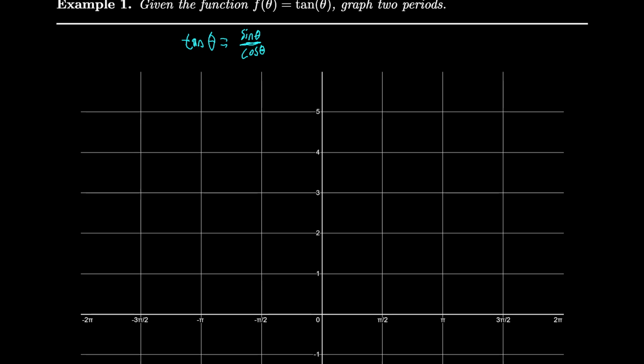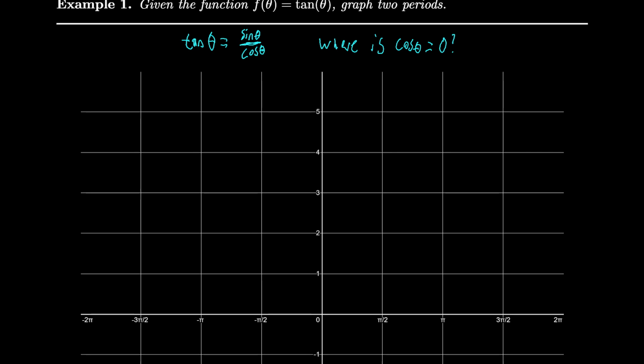We learned that this thing is only undefined when its denominator is 0. So the question with tangent is, where is cosine of theta equal to 0? Because everywhere that cosine of theta is equal to 0, you're dividing by 0, and that's where tangent is undefined.